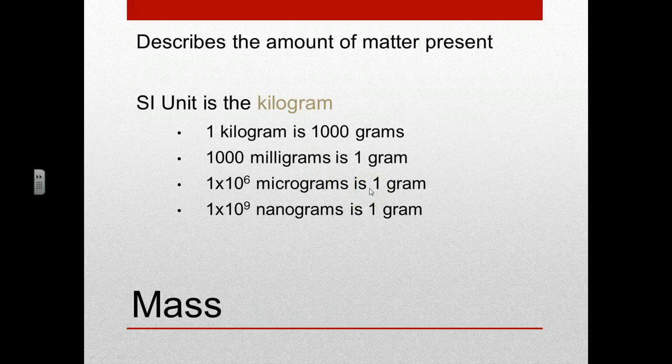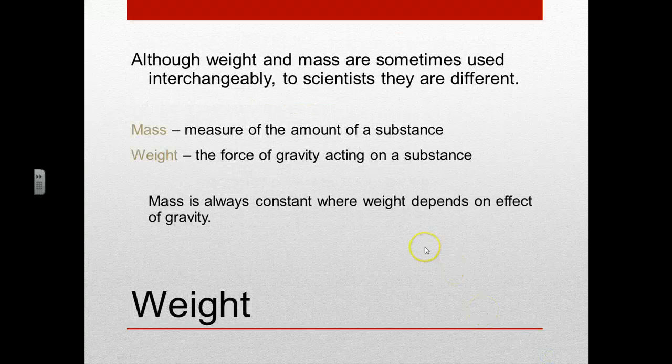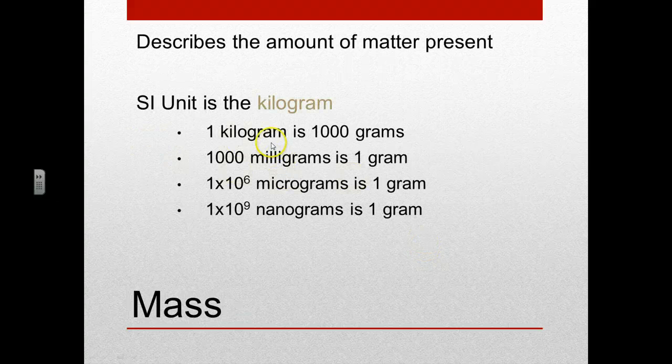When we talk about the amount of matter present, we're just talking about mass. The SI unit is the official unit of mass set by scientists. That's going to be the kilogram, which is 1,000 grams.